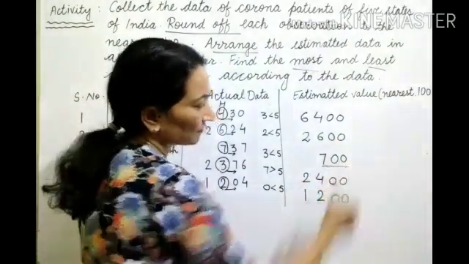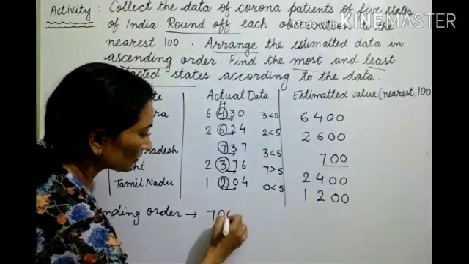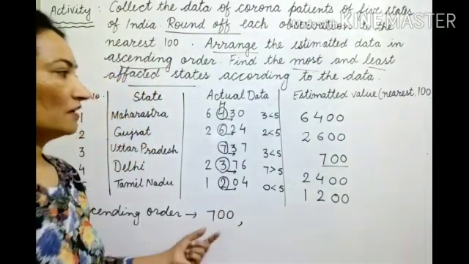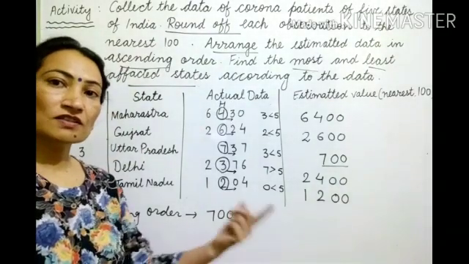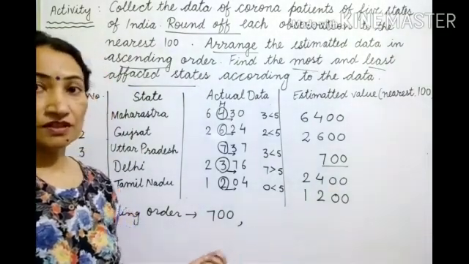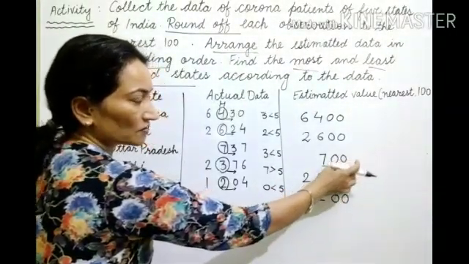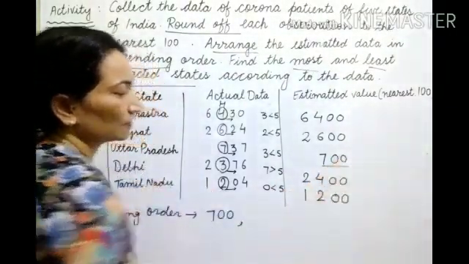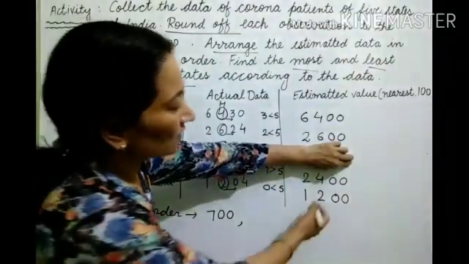The 3 digit number, which is 700, you will write first. In ascending order, we arrange the numbers in increasing order. So the smallest number we write first, then in the 4 numbers we have left, we will see.